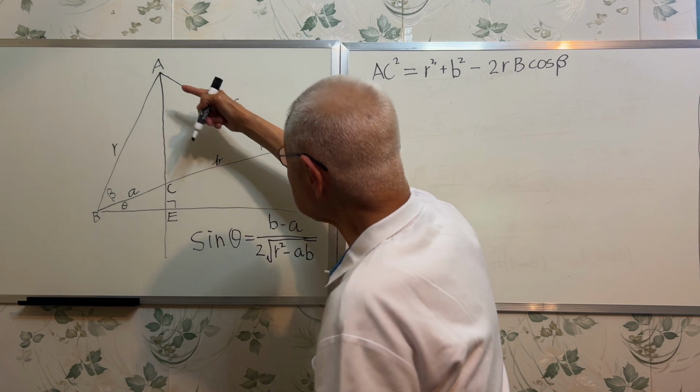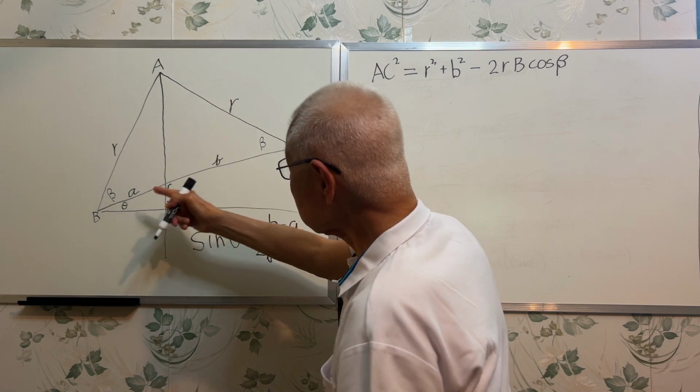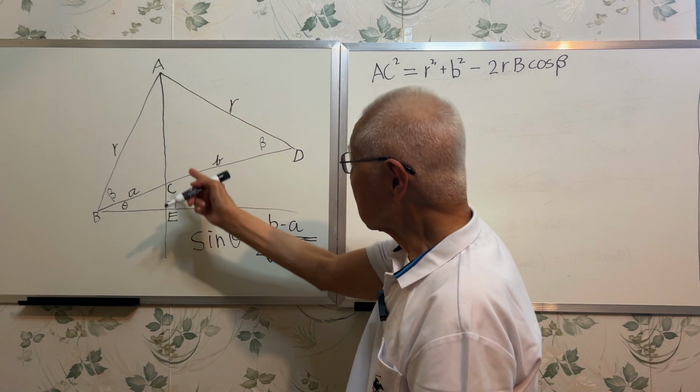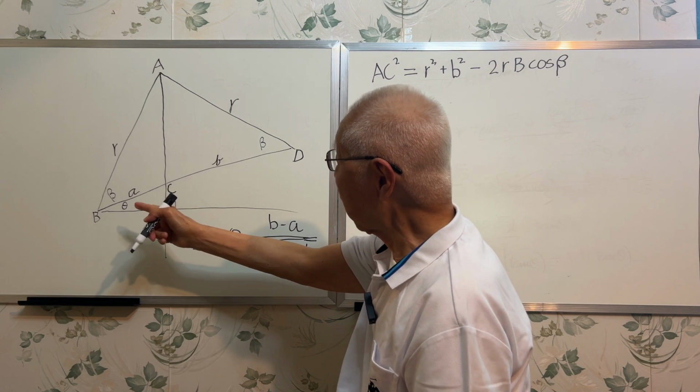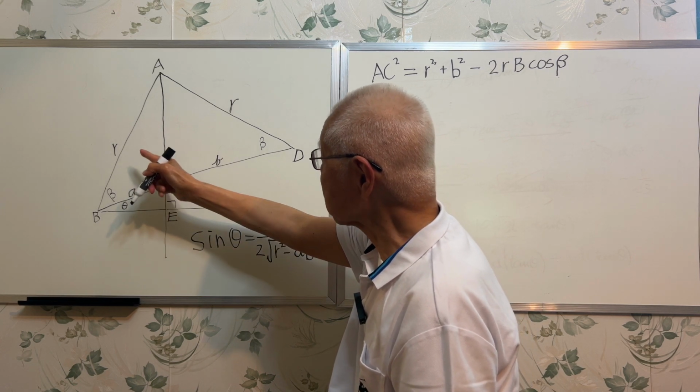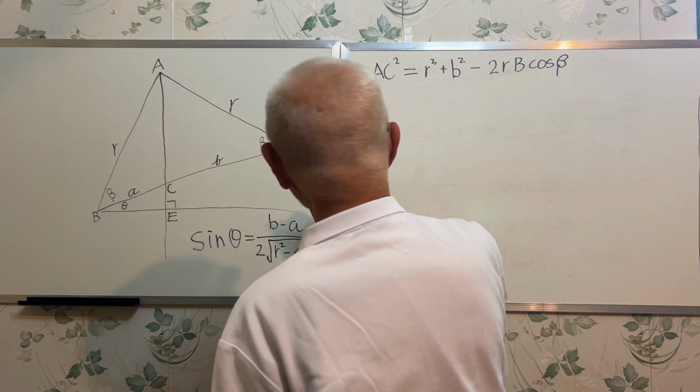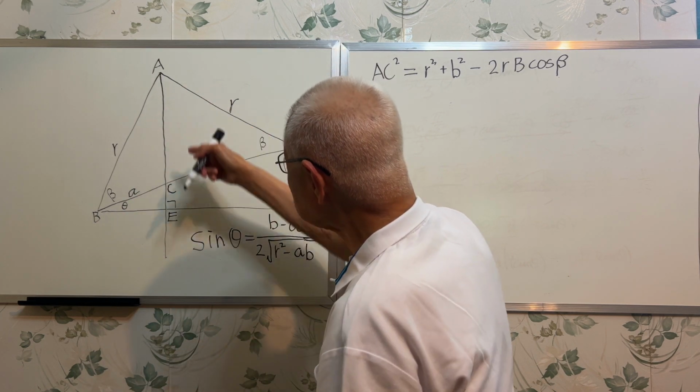I can use this triangle, also write down a cosine law. Start with AC squared.